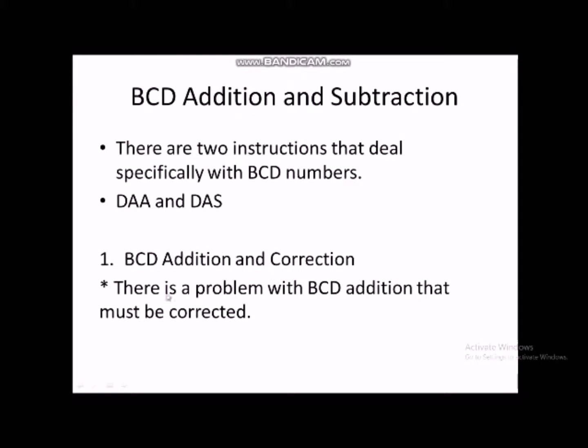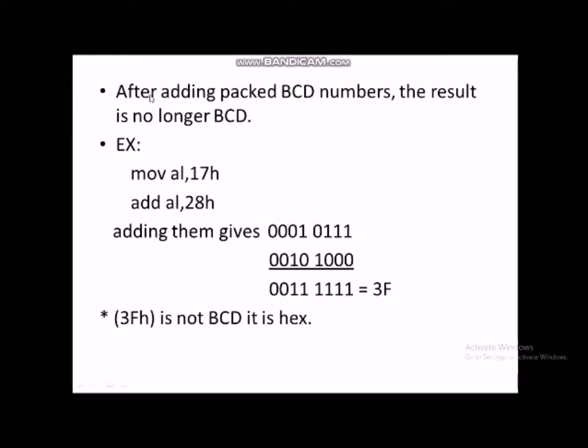As we discussed previously, for some addition operations in BCD, the result might be incorrect. What do we mean by that? For example, after adding packed BCD numbers, the result may no longer be BCD. Let's look at this example here. If we move 17 to AL and we add 28 to AL, we are expecting an operation like this.